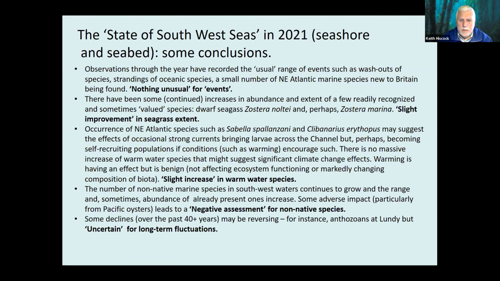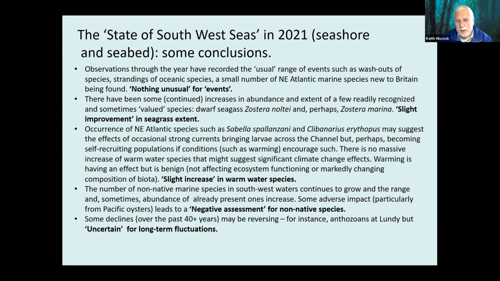The number of non-native marine species in the southwest waters continues to grow, and the geographical range and sometimes abundance increases. Some adverse effects are growing, particularly of Pacific oysters. So there's a negative assessment for the state of our seas with regard to non-native species. And I think that's going to be the case forevermore.